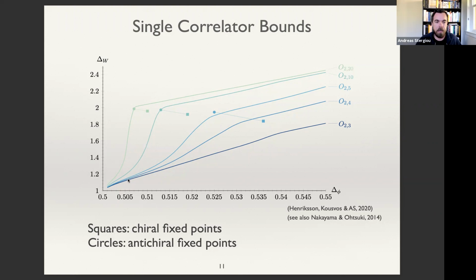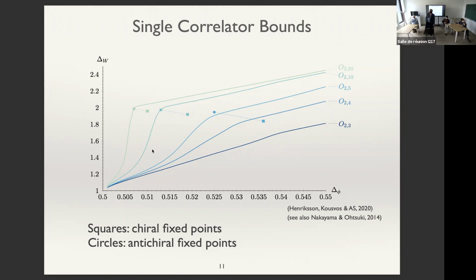So the O40 model would be down here somewhere. I didn't put it on. And the Gaussian, by the way, is just here at the point 0.51, because this W operator is quadratic in the field phi, which has dimension 0.5. So the Gaussian would be down here.